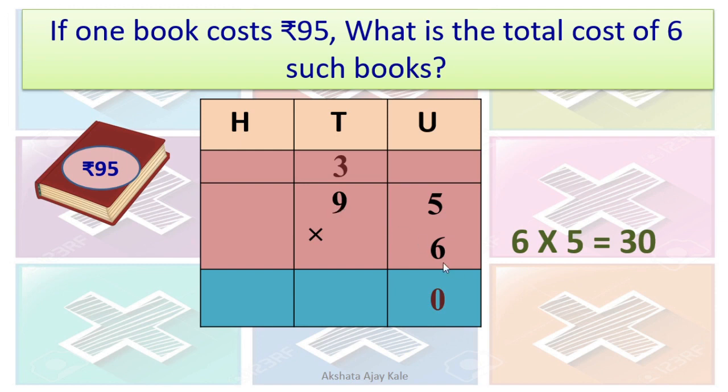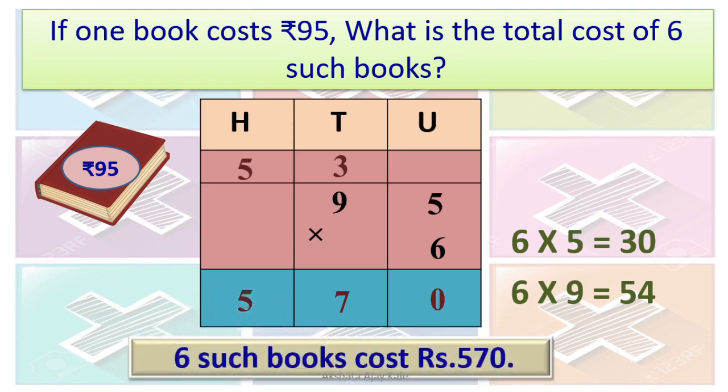So 6 9s are 54 plus 3, that is 57, isn't it? So I will write here 7 and 5 is carried over to the hundreds place. And no numbers are there, so 5 will come down. Yes, dear children, we have to pay to the shopkeeper for 6 such books rupees 570. Isn't it?